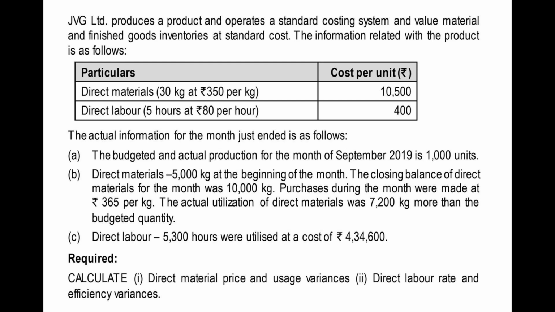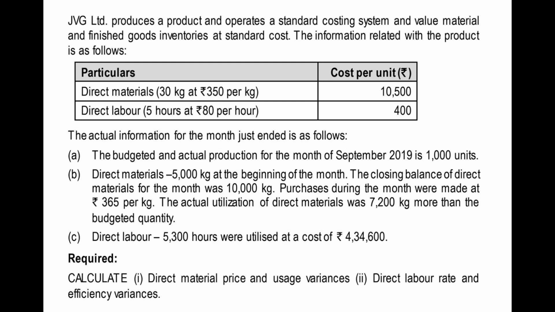The actual and budgeted information is given in the problem. The actual production and the budgeted production are one and the same for the month of September 2019, only 1000 units.